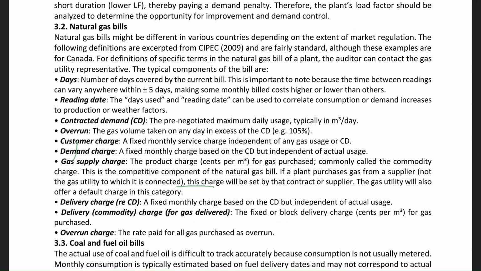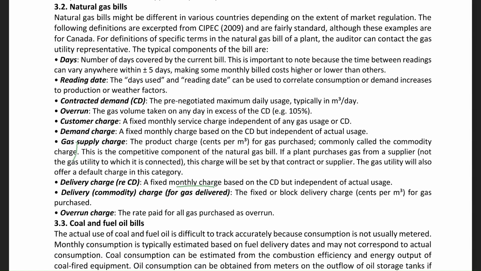Next are the natural gas bills. Here in our country we are more focused on LPG and electricity bills, but in some European countries and also in Canada, natural gas bills are to be taken into consideration, because natural gas is used for cooking, domestic purposes and maintaining the temperature of the houses.